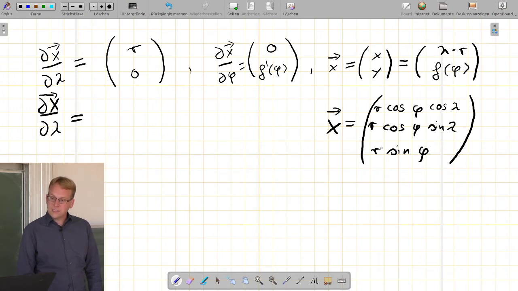So that is actually our X vector measured with phi and lambda coordinates. And we need the derivative of this big X vector by lambda now.